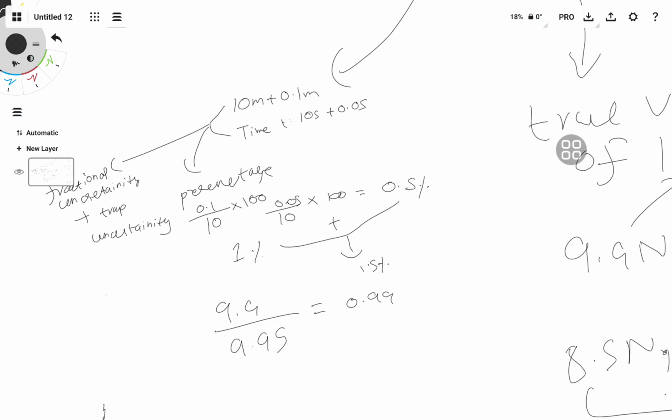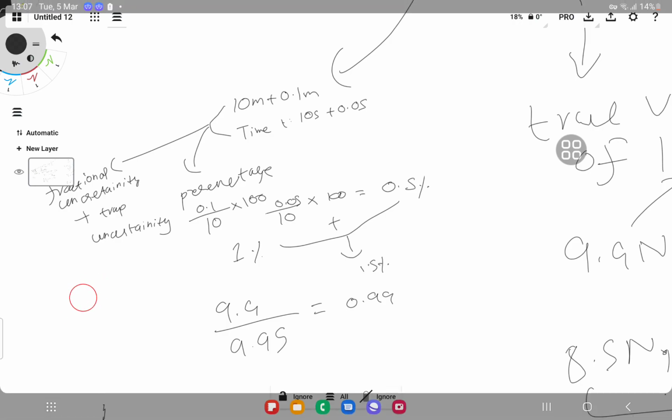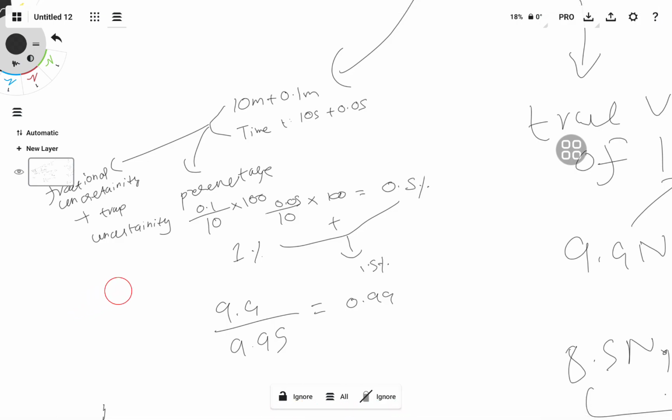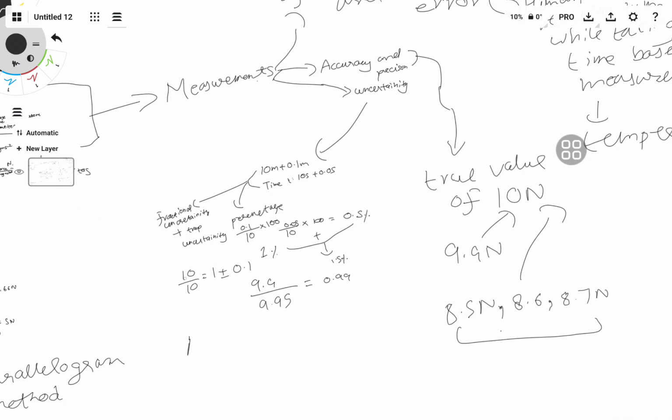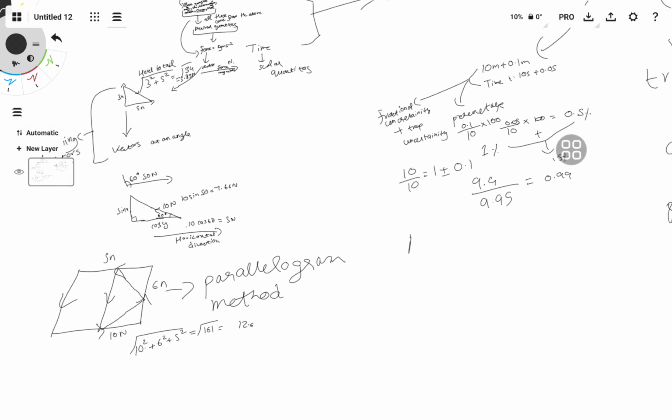So it would be 10 over 10, we get 1 plus minus 0.1. So this will be basically the true uncertainty. So this topic is done.